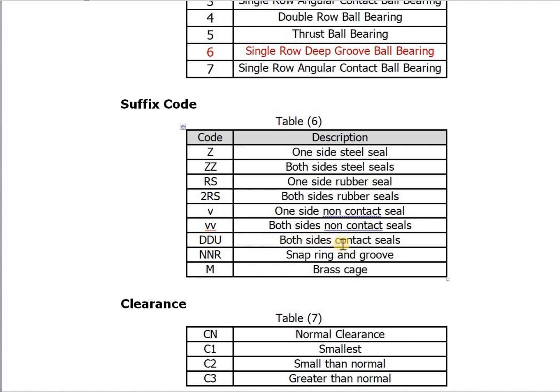DDU, both sides contact seal. MNR, snap ring and groove. M indicates brass cage. All these suffixes indicate the type of the protection on both or a single side of the bearing.